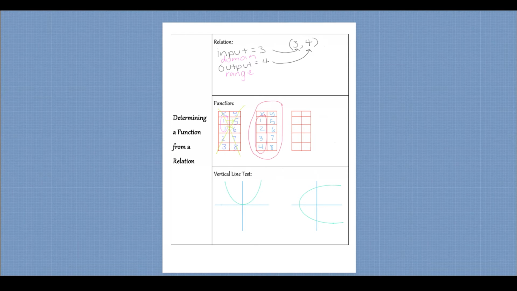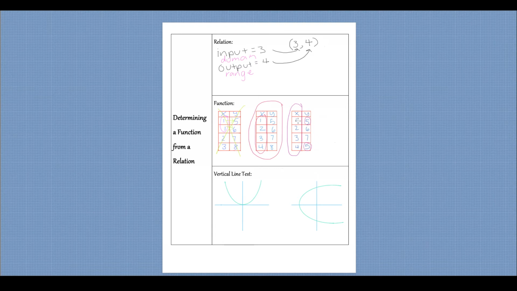A third situation that we could have is, let's say we had x, y, 1, 2, 3, 4, and 5, 6, and this last one would be 5. Over here, you can see that all of the x values are different. But when you look at the y values, you see that there are 2 y values. So we have 2 5s.